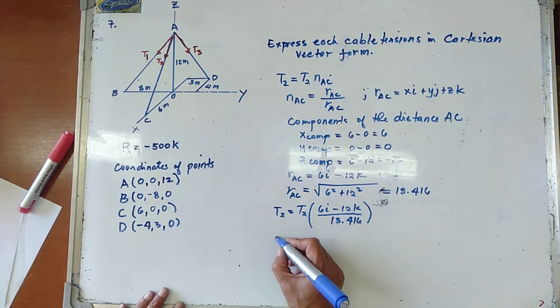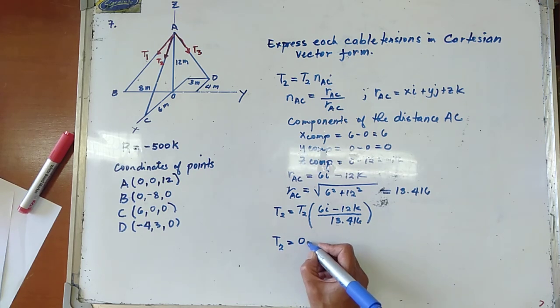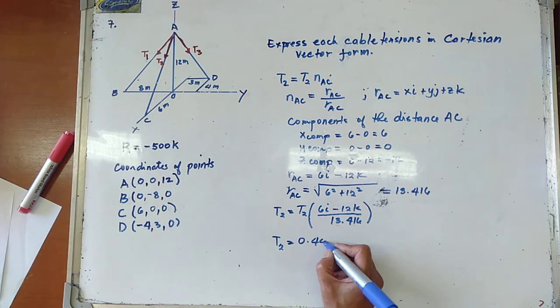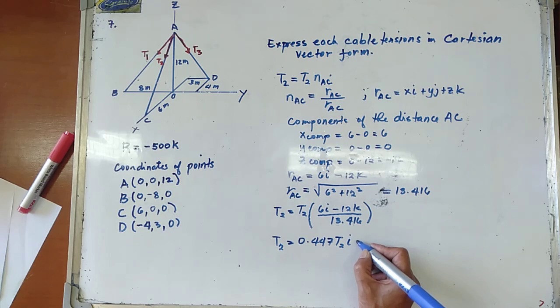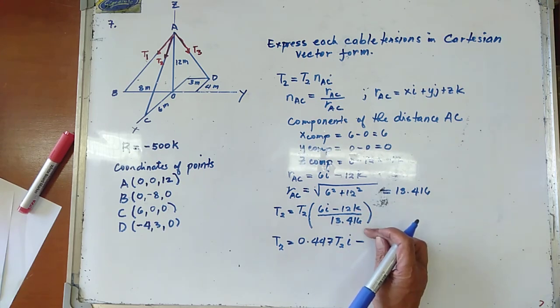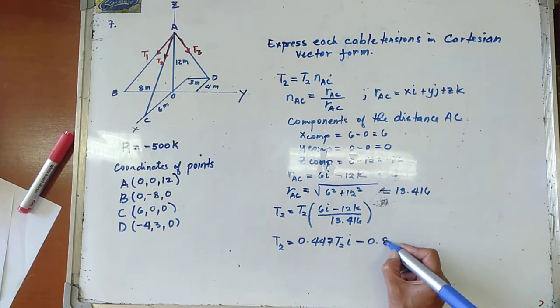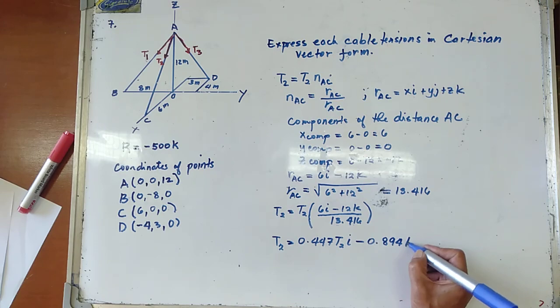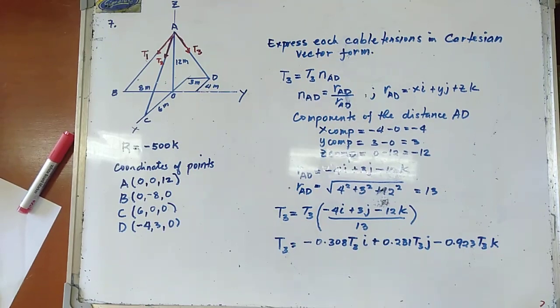So your T2 in Cartesian vector form is now 6 over 13.416, so that is equal to 0.447 T2i, minus again 12 over 13.416, 0.894 T sub 2k. Cartesian vector form of T3.